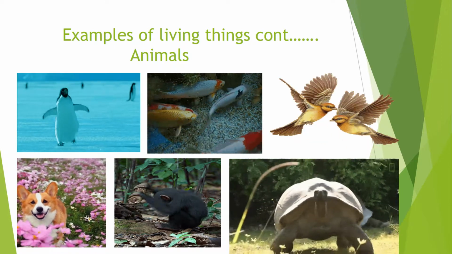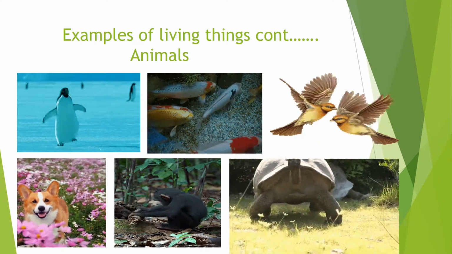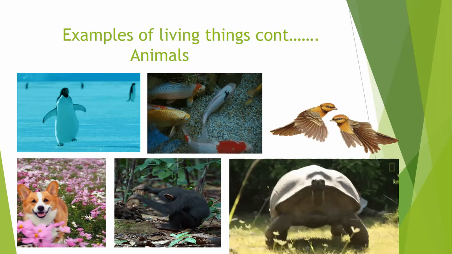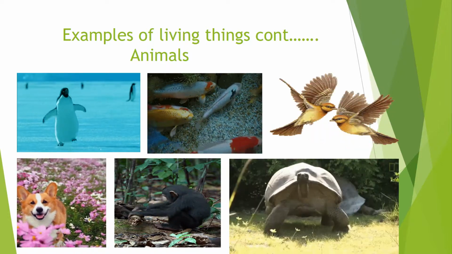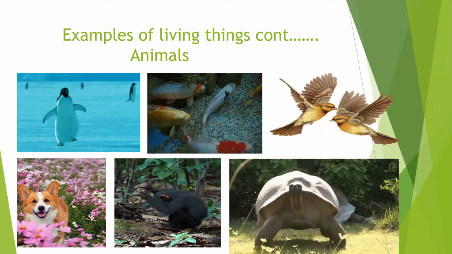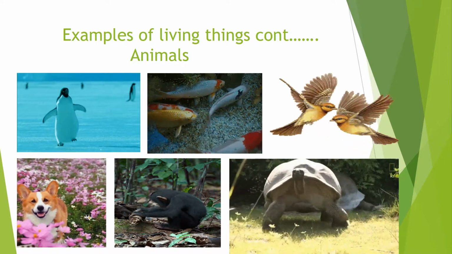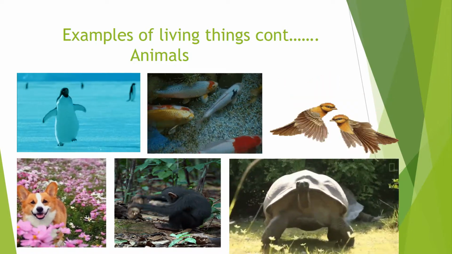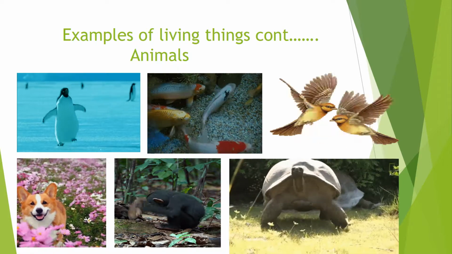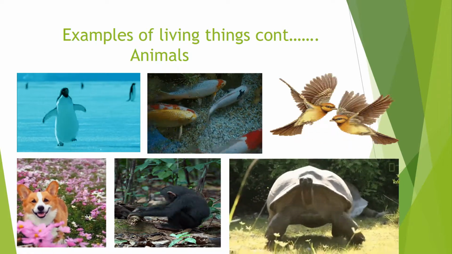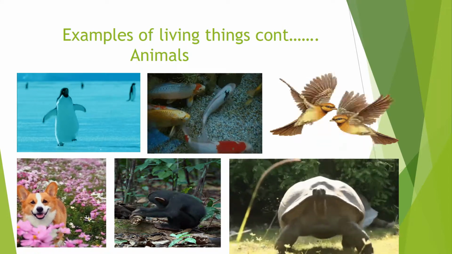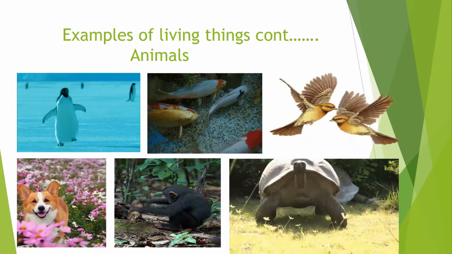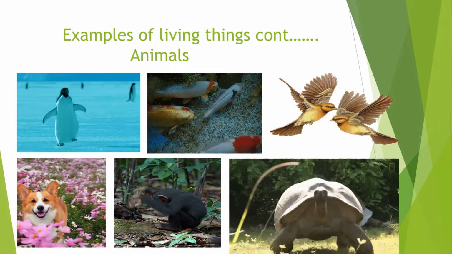The next slide is giving us another, second example of living things, that is animals. Animals are also living things. As you can see from these diagrams, we have different groups of animals. We have the dolphin that stays in the sea.